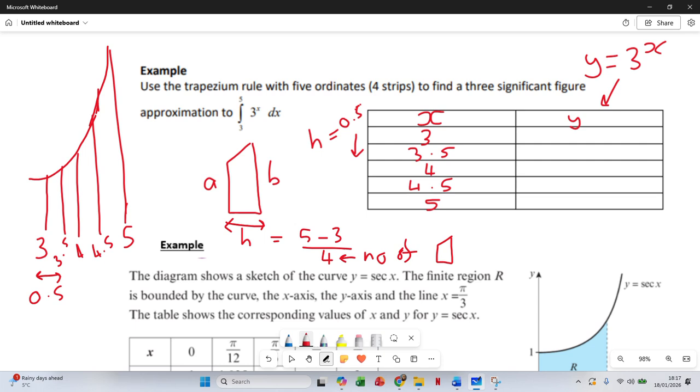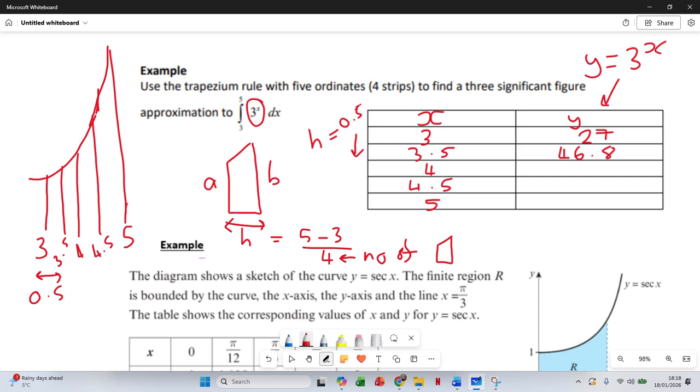So this first value here, I'm just going to put 3 to the power of 3, which would be 27. And then I'm doing it to the power of 3.5. Now I'm just going to do it to 3 significant figures. So sometimes it will tell you, but if in doubt, I'd probably just do 3 significant figures. So that's 3 to the power of 3.5, because remember it's this thing here that we're using, which is where I've got 3 to the power of x from.